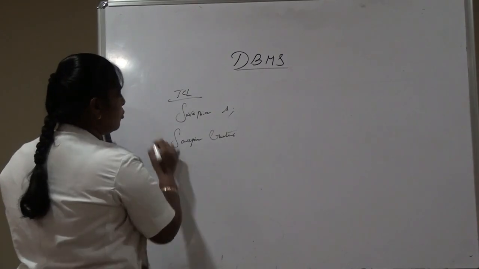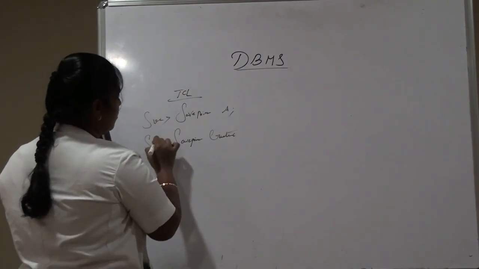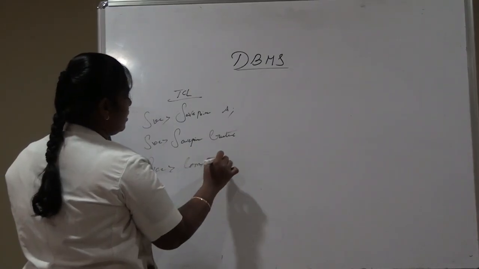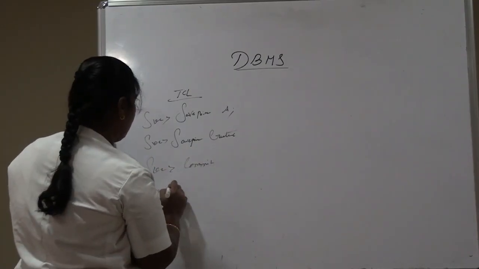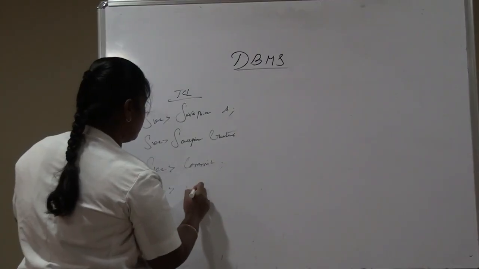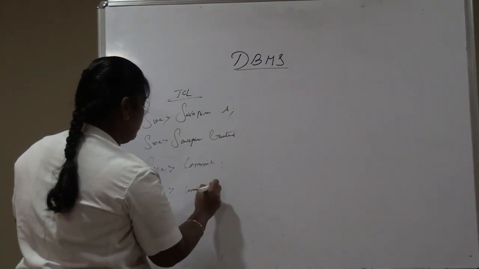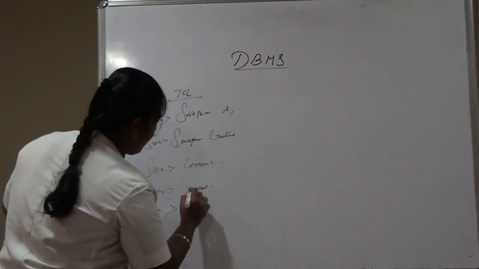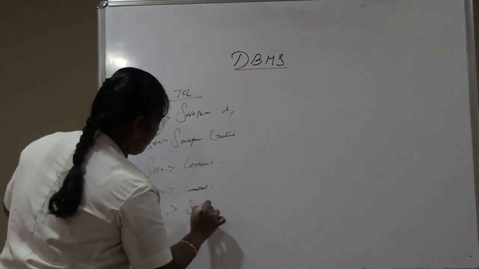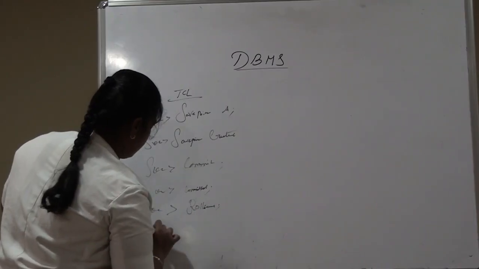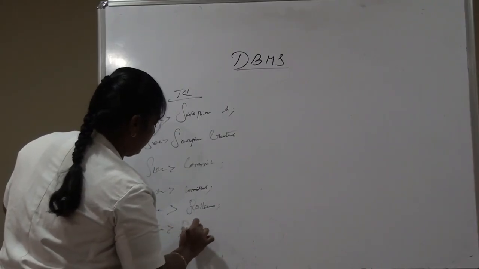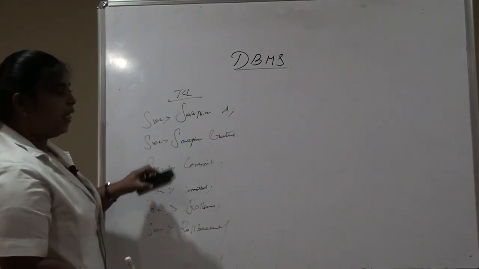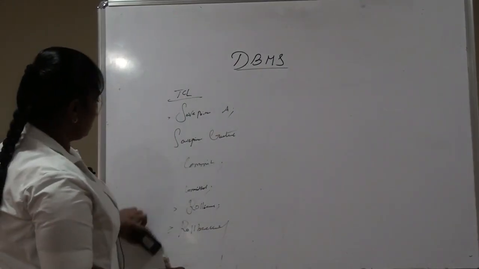Then commit: you have to give the commit, and capture the committed output. Next, rollback, similar to your undo. These are all the terms for transactional control language.